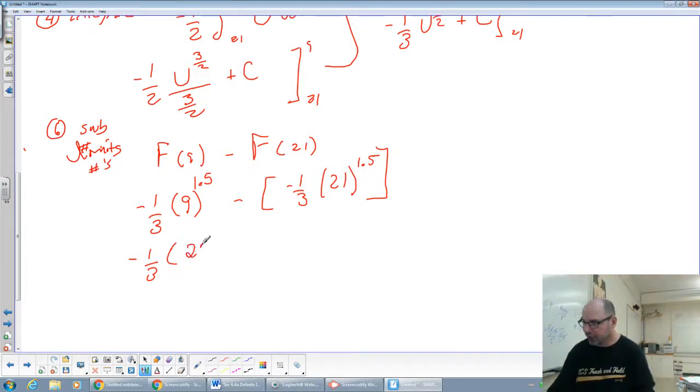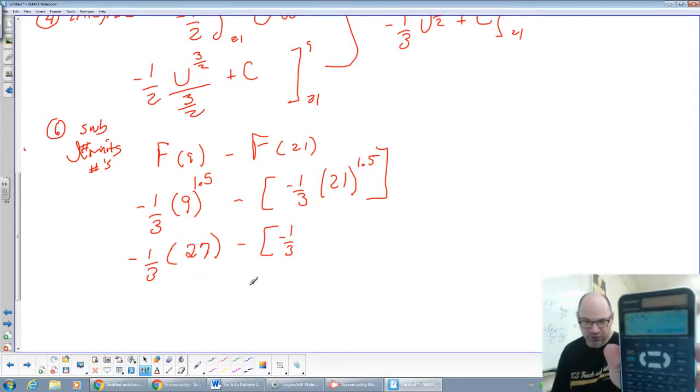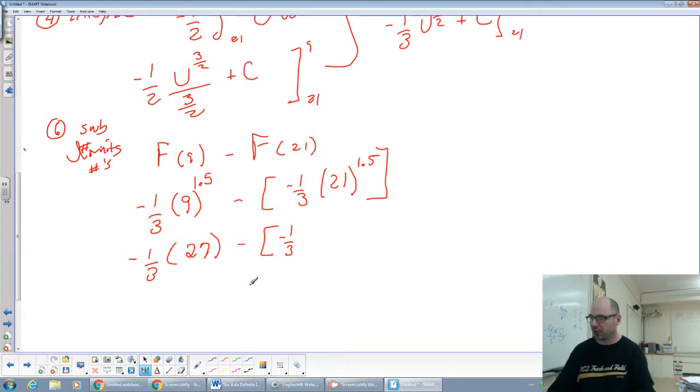So that's nice. And this is negative 1/3 times 21 to the power of 1.5. Whoops, did it wrong there. It gives us a decimal number, so we're just going to round it off. 96.2.